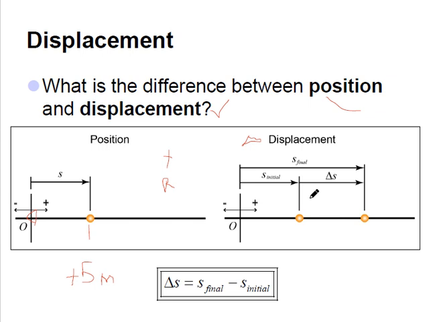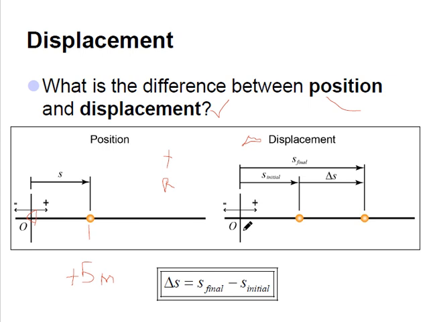Change in position is your displacement. It's like asking how far the particle has moved from where it started, from here. So to calculate the displacement of this particle in this example, you will have to subtract the starting point, which we call the initial position.